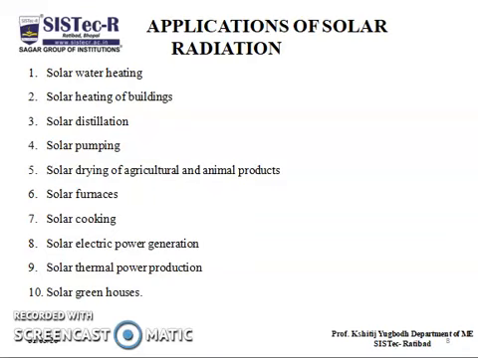Next is solar furnace. Next is solar cooking. And the next is solar electric power generation. The next application of this is solar thermal power production. And the last is solar greenhouse. So by this slide we can see that we can use the solar radiations in different applications.